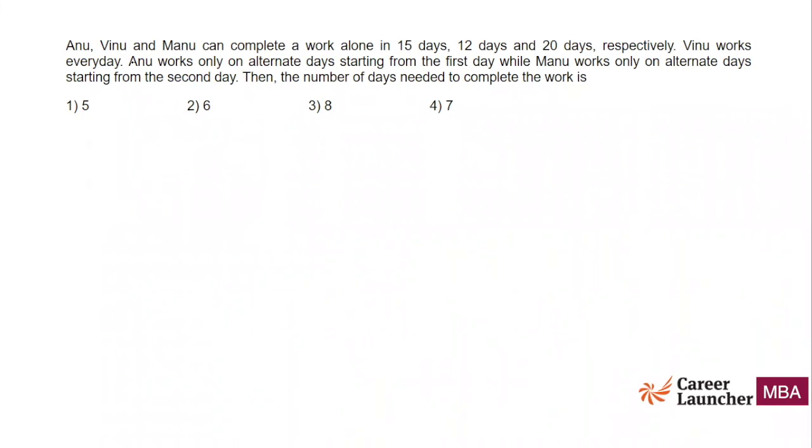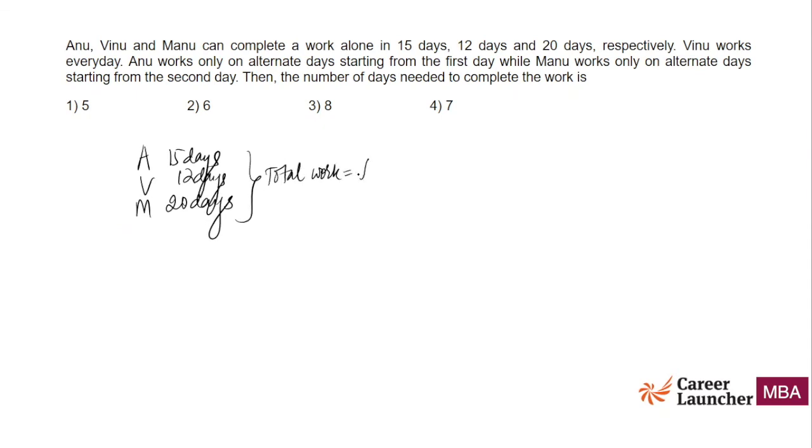So we have here Anu, Vinu, and Manu can complete a work in 15 days, 12 days, and 20 days respectively. Okay, so Anu can finish it in 15 days, Vinu can finish it in 12 days, and Manu can finish it in 20 days. So what is the total work? So let's take the total work as LCM of these three, 15, 12, and 20, which is going to be 300 units.